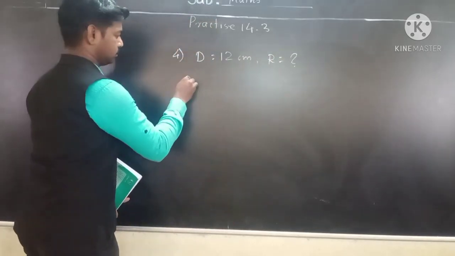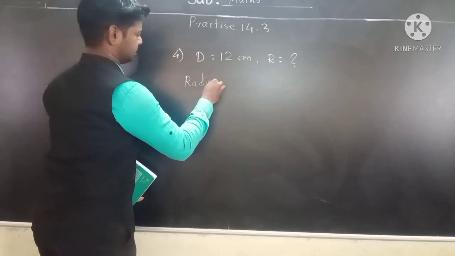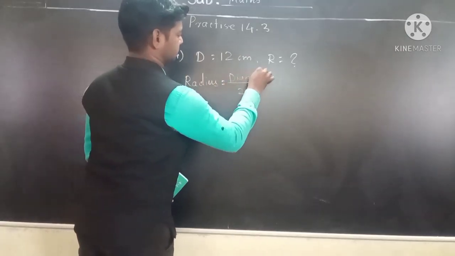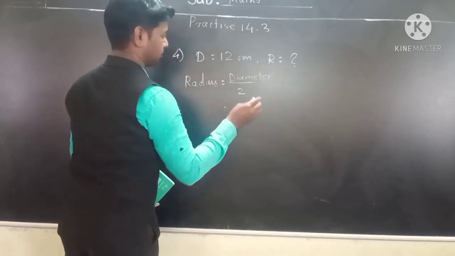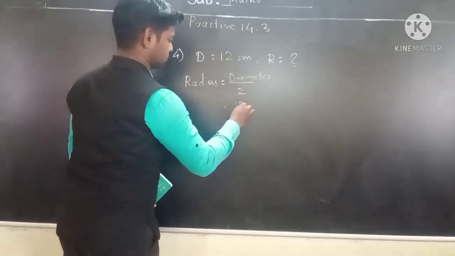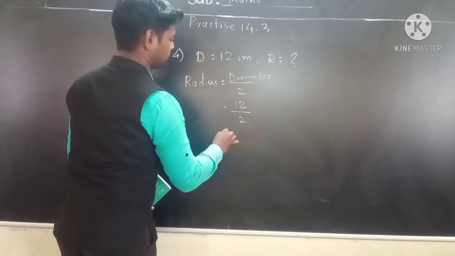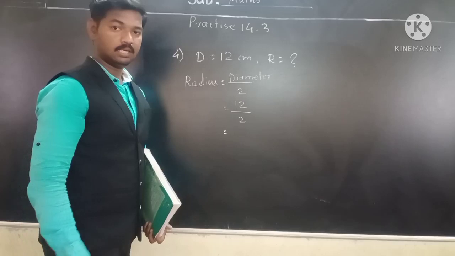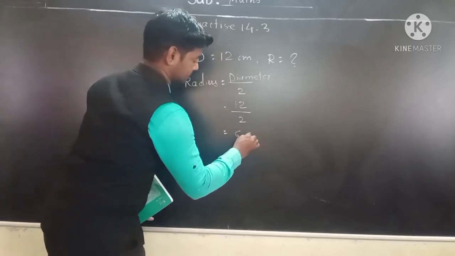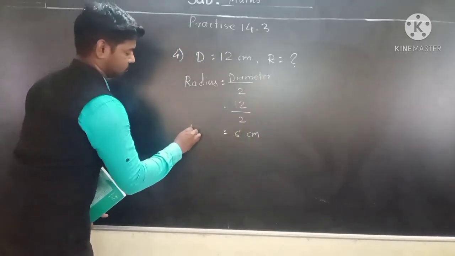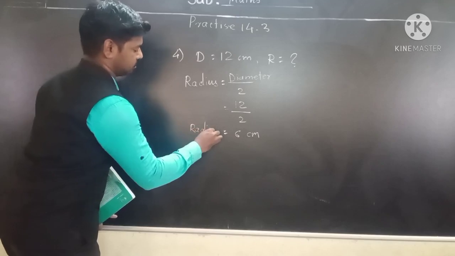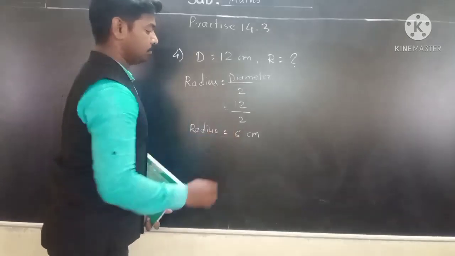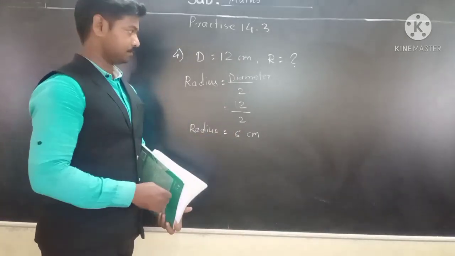Okay, we know that radius is equal to half of the diameter. Now we put the value, 12 divided by 2, and what is half of 12? Correct, 6 centimeters. So the radius is 6 centimeters.